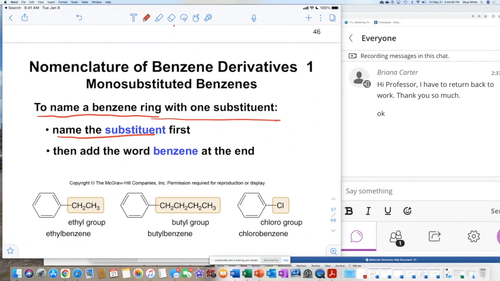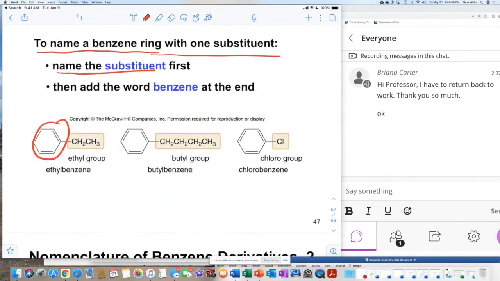So our longest chain here is benzene, so we're going to start from that. And then whatever is not benzene is a side group. 2 carbons, ethyl. So this is going to be ethylbenzene, like it says.